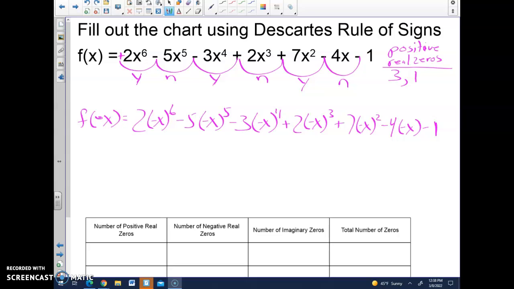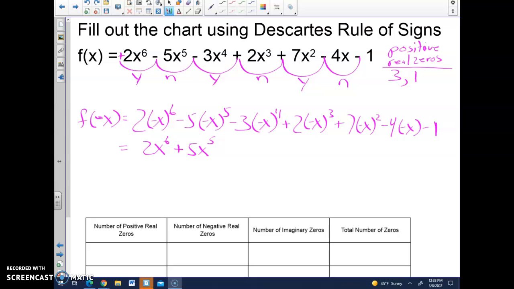Now with the negative, it's always this. When the exponent is even, the sign in front of the coefficient stays the same. Negative x to the 6th power is a positive. A positive times 2 is just 2. But a negative x to the 5th is a negative. A negative times a negative is a positive. When the exponent is odd, we switch the sign in front of the coefficient.